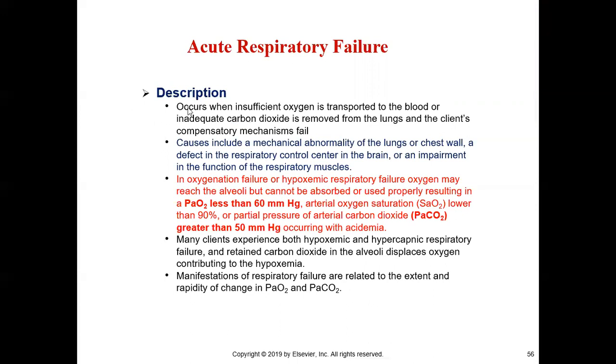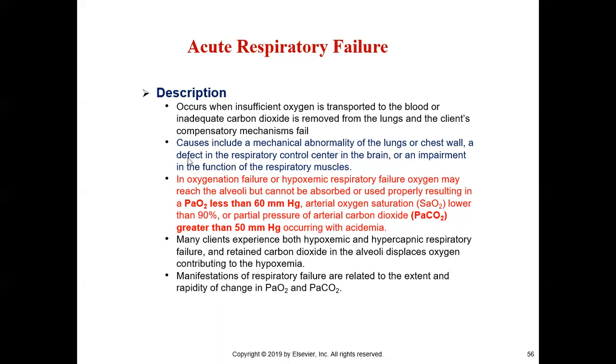Acute respiratory failure occurs when insufficient oxygen is transported to the blood, or inadequate carbon dioxide is removed from the lungs, and the client's compensatory mechanism has failed.